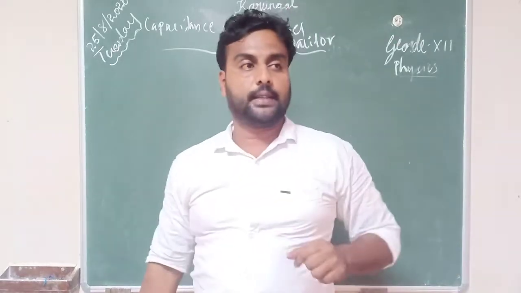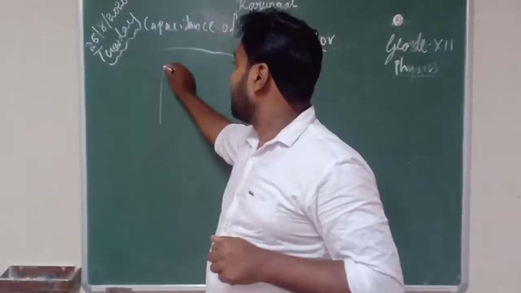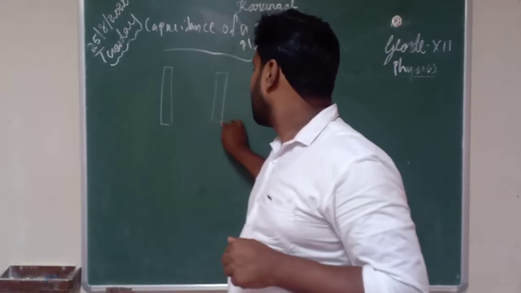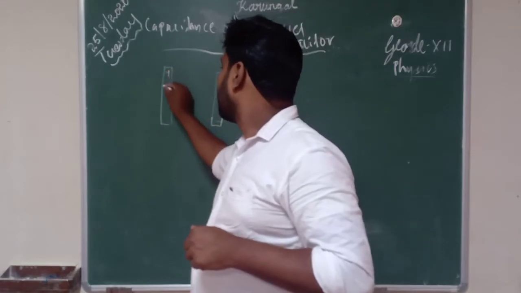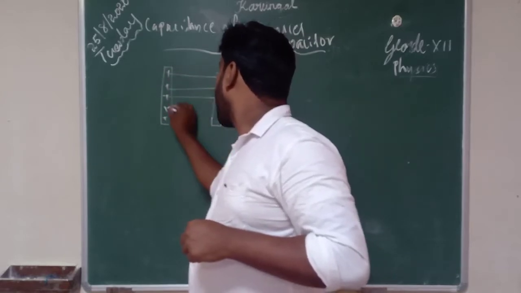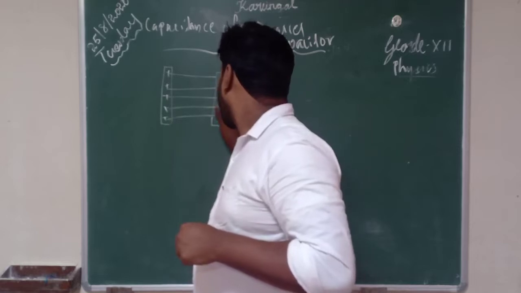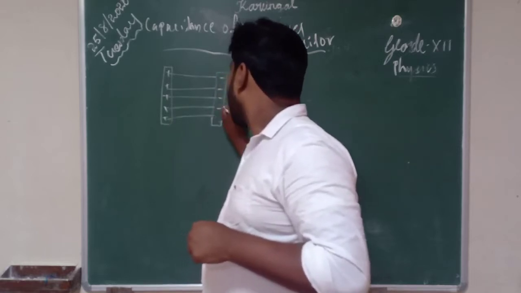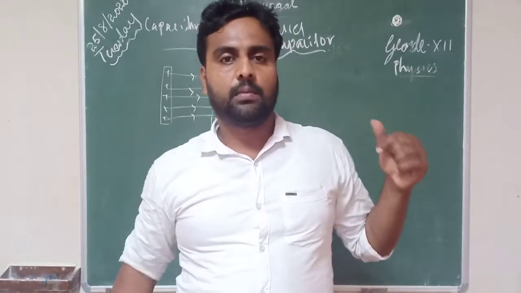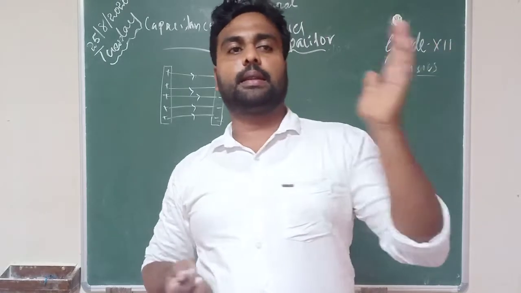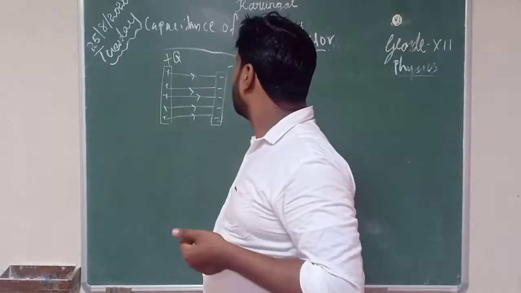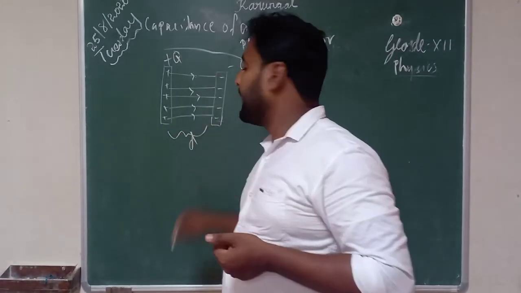You can see a small derivation. For that, first you can see one diagram like this. You can see the diagram: two parallel plate capacitor and the electric field between the two plates, plus Q, minus Q, kept at a distance D.